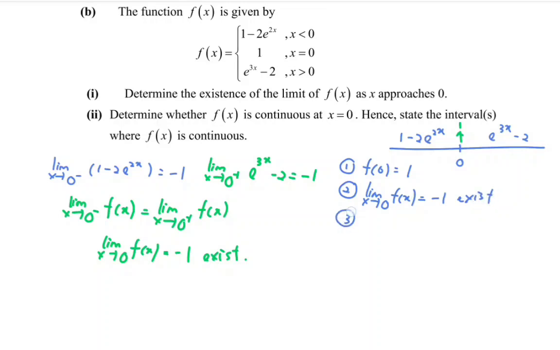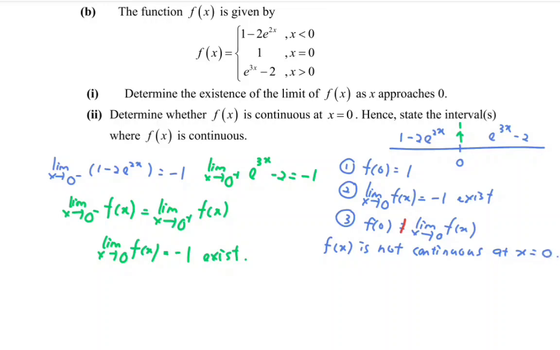Step number 3, f(0) is equal to the limit when x approaches 0 of f(x). So the answer is not equal. So we can say f(x) is not continuous at x equals 0.